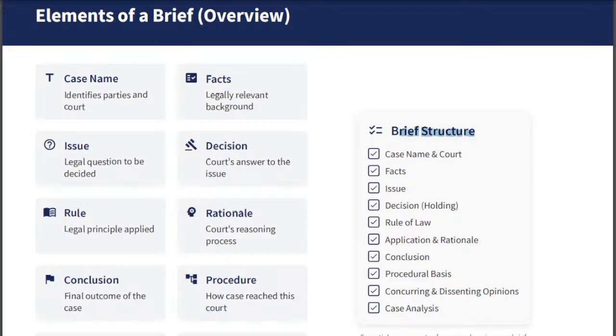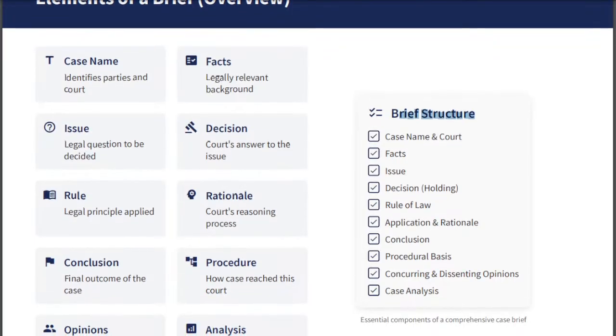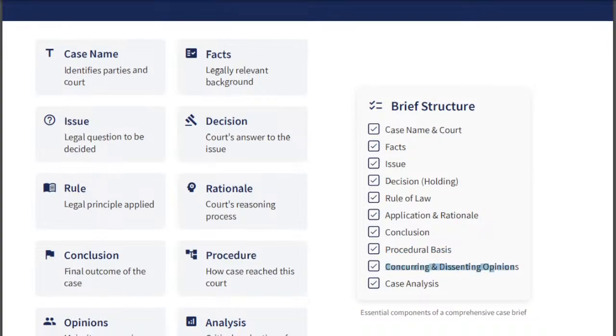So the brief structure, again: we have the case name and court, the facts, the issue, the decision, the holding, as they call it, that's the court's answer to the issue, the rule of law, the principle applied, the application and rationale, the conclusion, the final outcome of the case, the procedural basis, and the concurring and dissenting opinions.